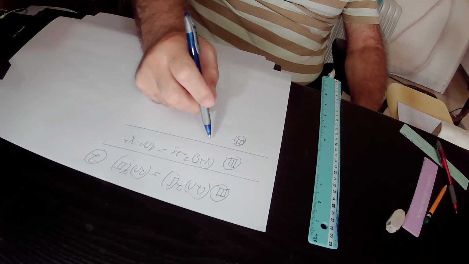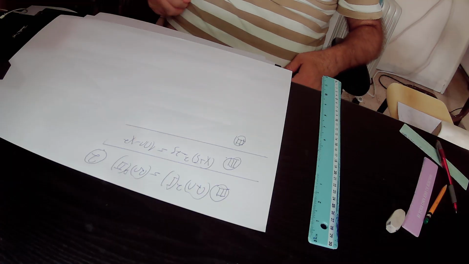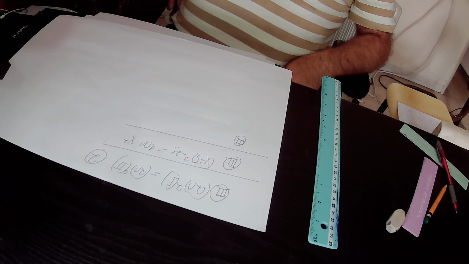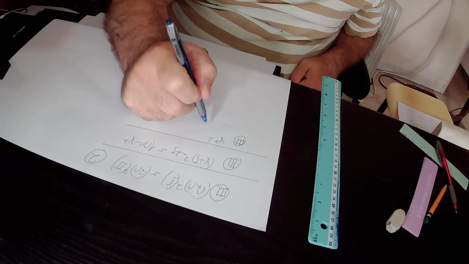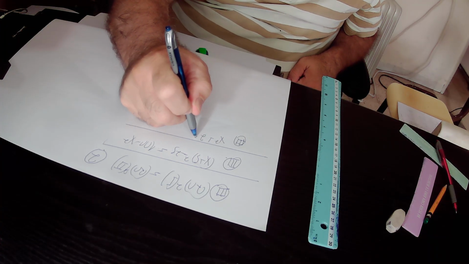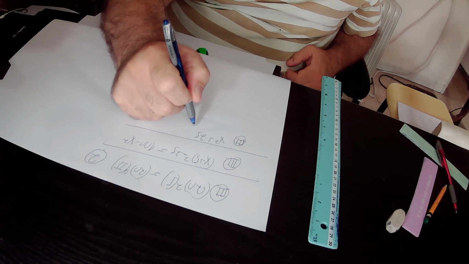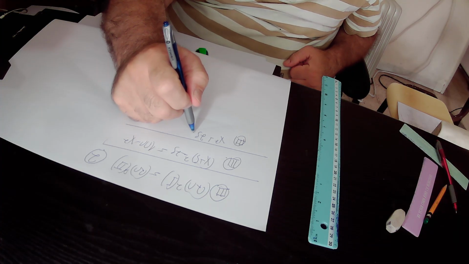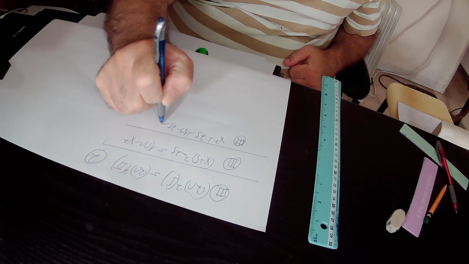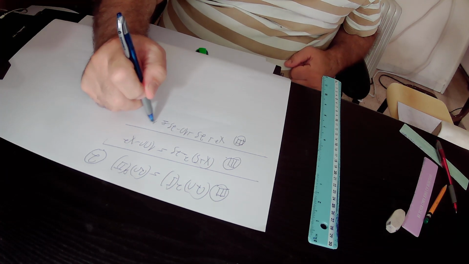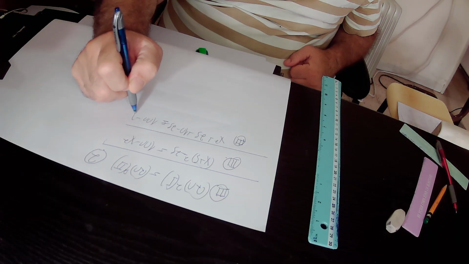We open the brackets of this expression and we get that (x plus 5) squared equals x squared plus 5 squared, that is 25, plus 2 times x times 5, that is 10x, minus 25 equals 100 minus x squared.